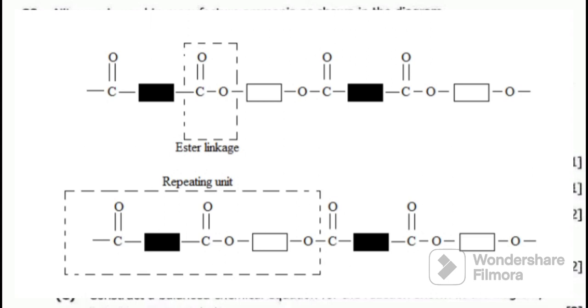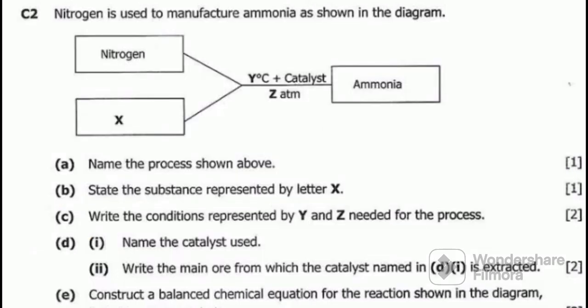The statement reads: nitrogen is used to manufacture ammonia as shown in the diagram.